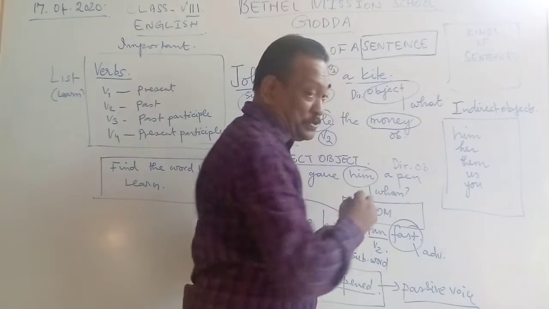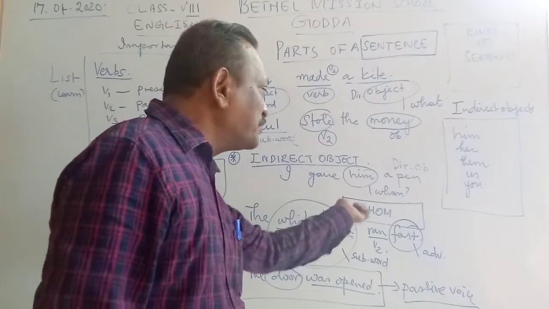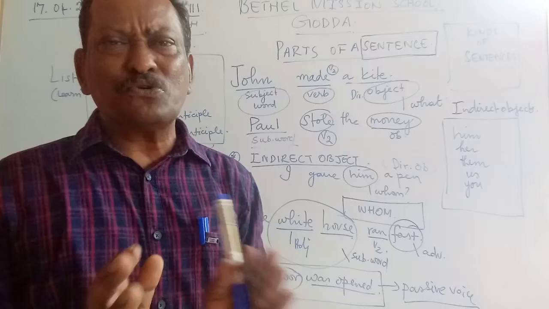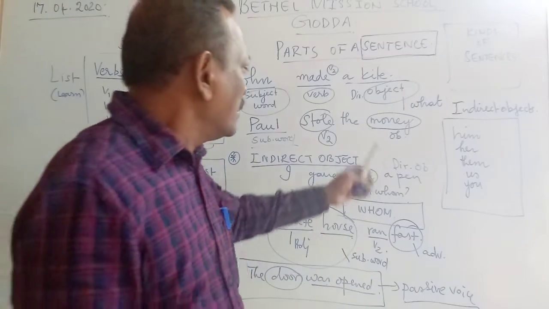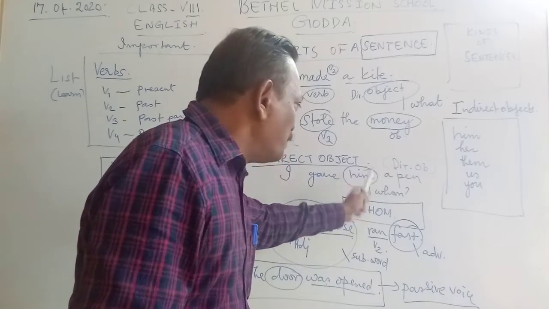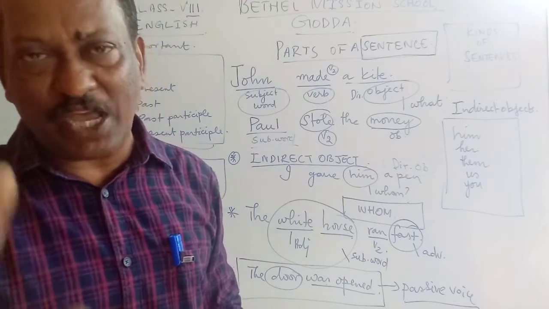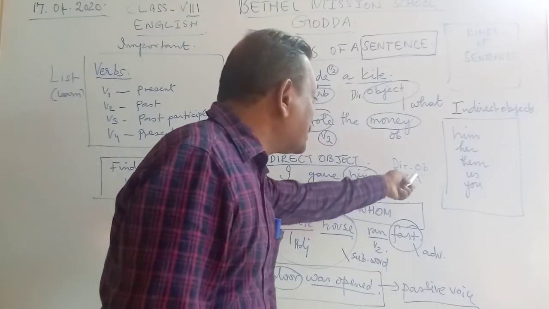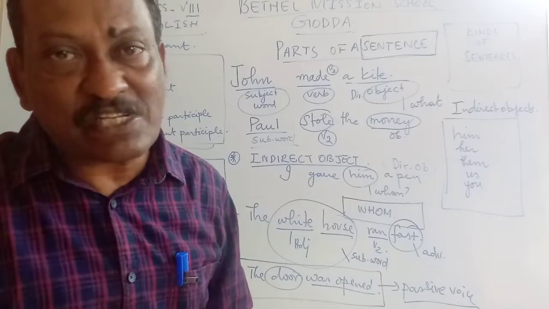So, you need to keep one thing in mind, that is the direct object and the indirect object. Here students may get a little bit confused, but it's a very simple concept. The word which answers the question whom is the indirect object. And the word which answers the question what is a direct object. I hope it's clear now.